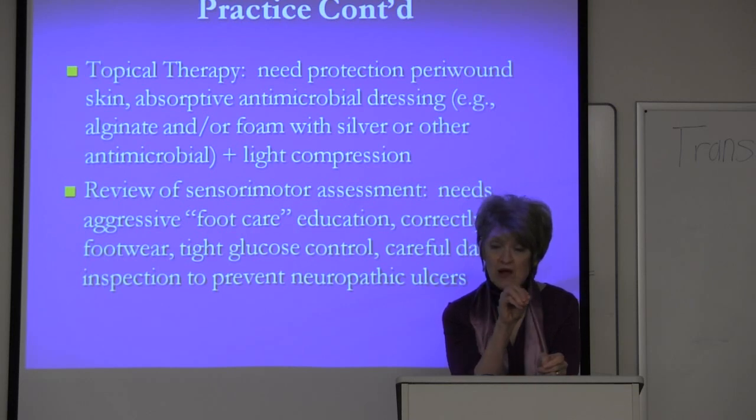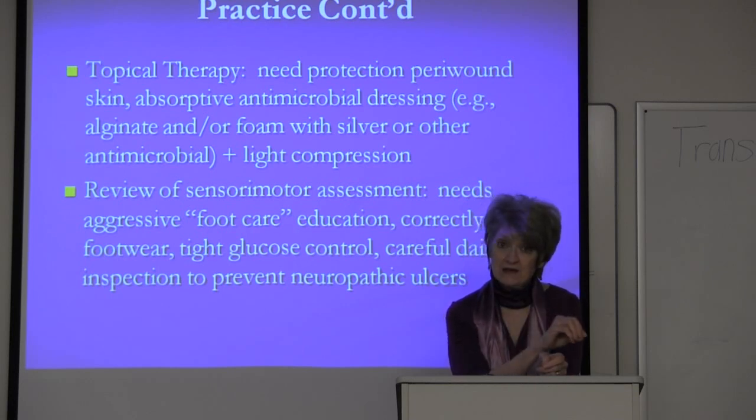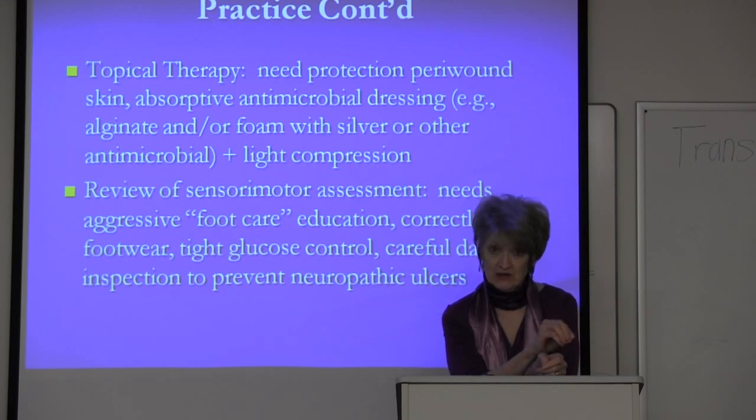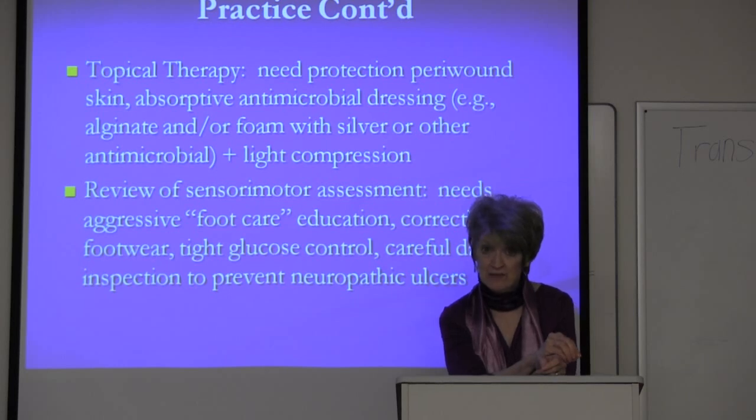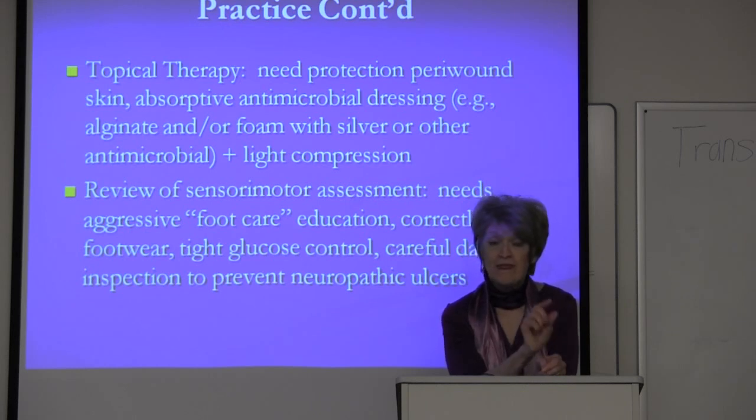Once you've identified primary etiology, go back to your vascular data and sensory motor data, but most especially back to your vascular data to determine, can you do standard management? Do you need to do modified management like compression instead of full compression?